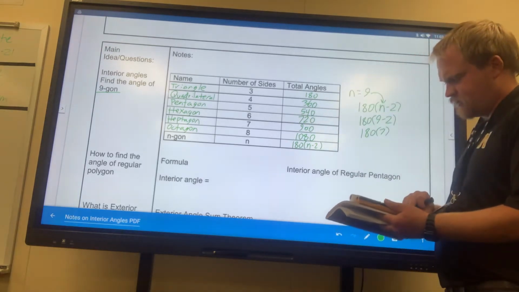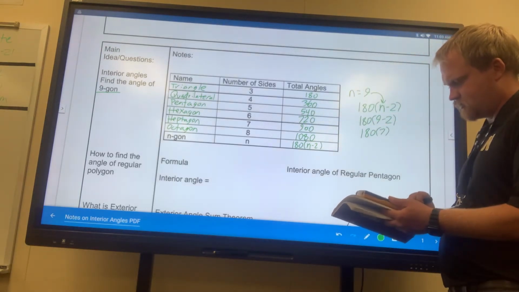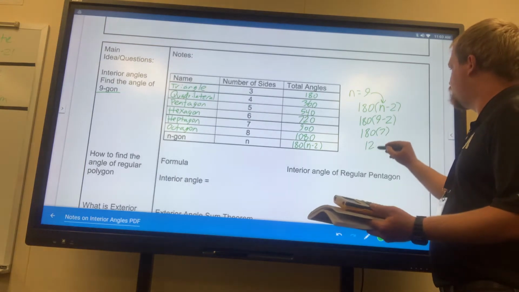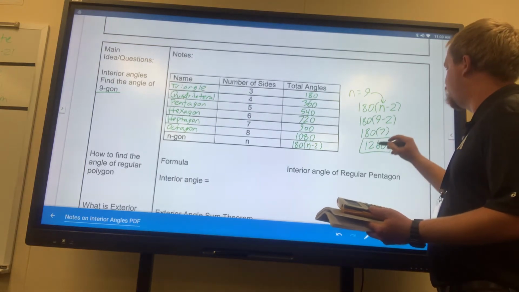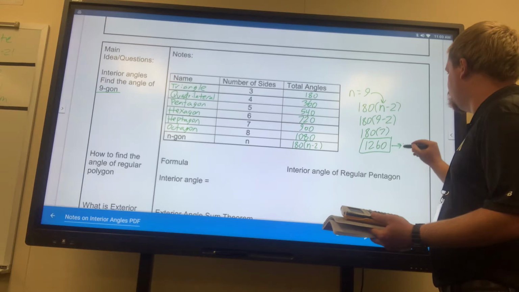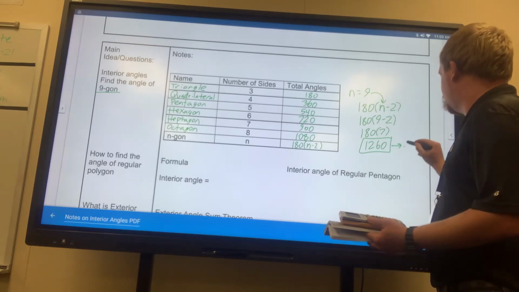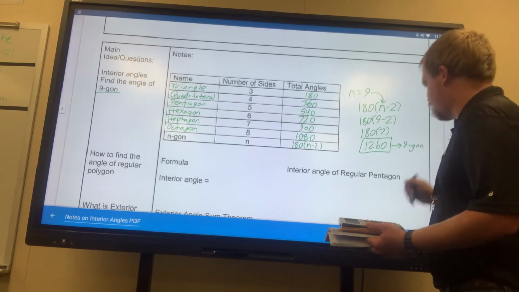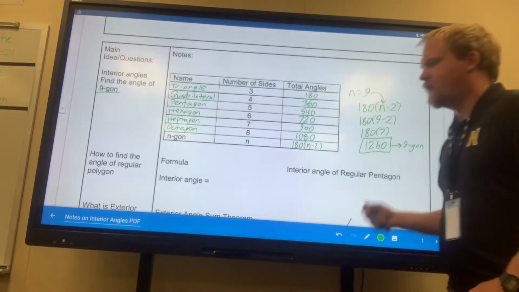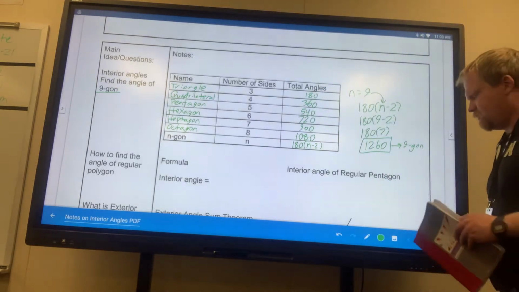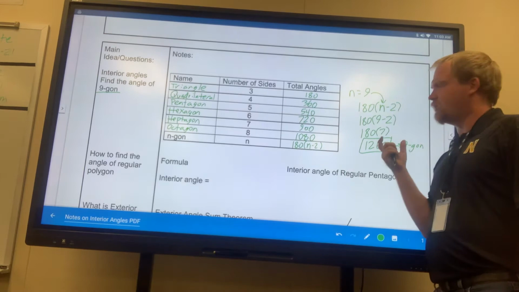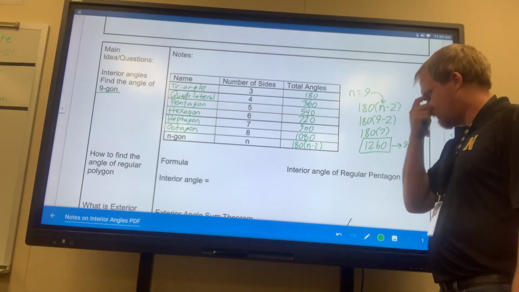And that's going to give me 1260. Okay? So a 9-sided figure has a total angle measure of 1260.